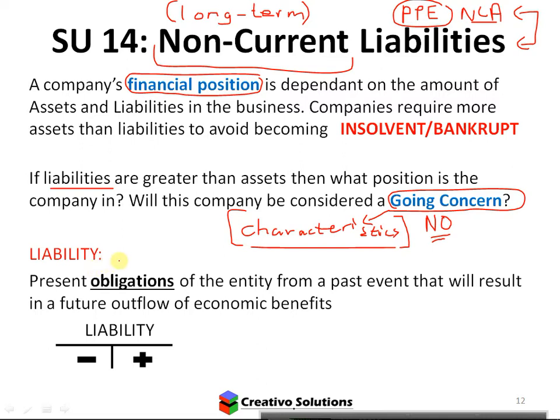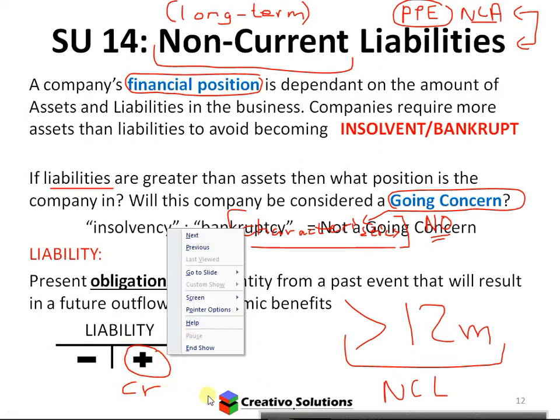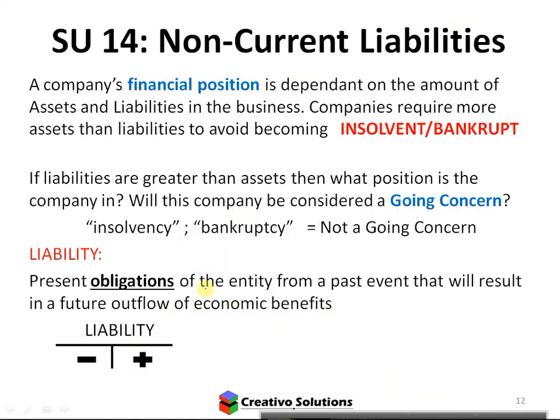So greater than 12 months will be considered a non-current liability. The rule still applies. Insolvency or bankruptcy means not a going concern. Going concern means you will continue operating in the foreseeable future.